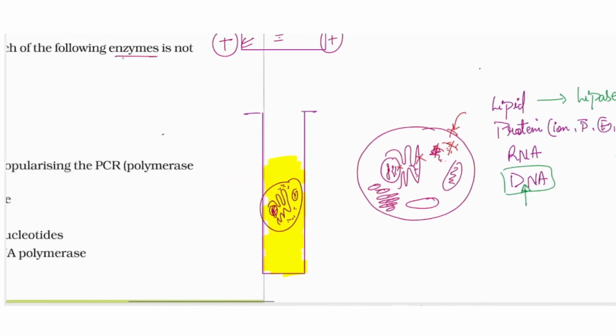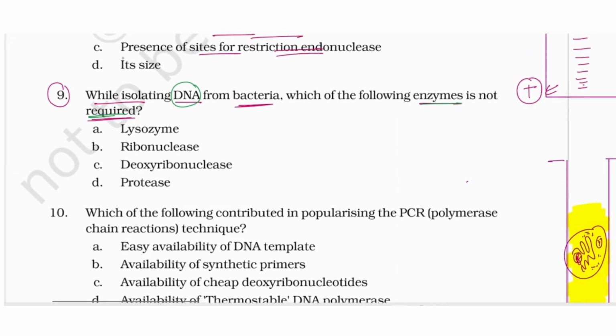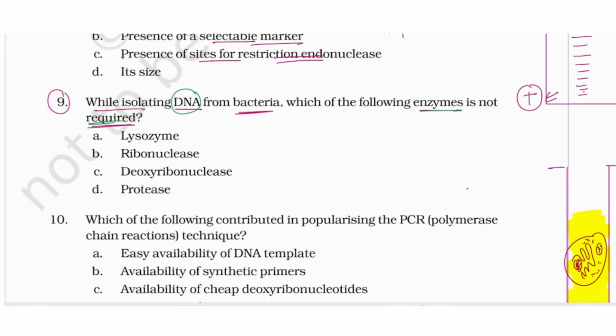Okay, so the question is asking, while isolating the DNA from the bacteria, which of the following enzymes is not required? So based upon that technique only we can solve the question here. If we need to isolate the DNA from the bacteria, obviously there would be deoxyribonuclease. What is deoxyribonuclease?